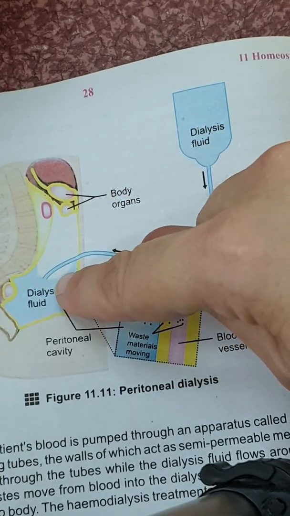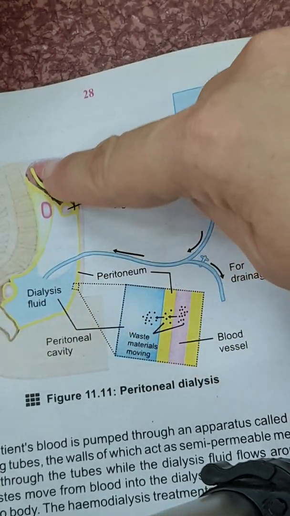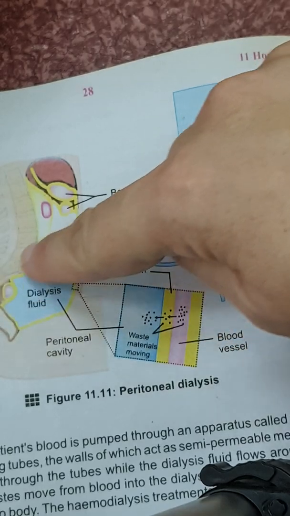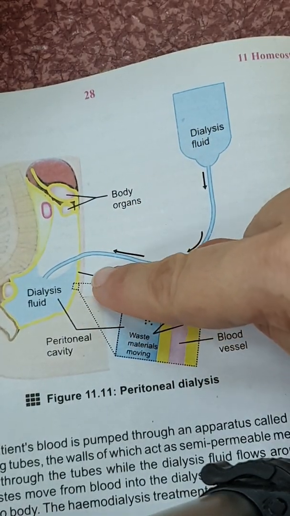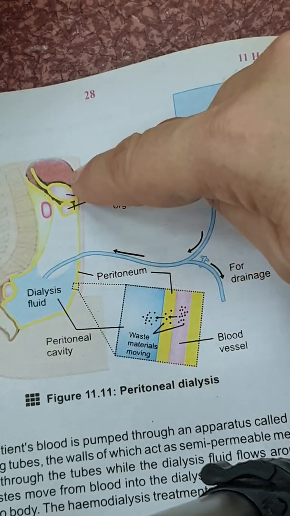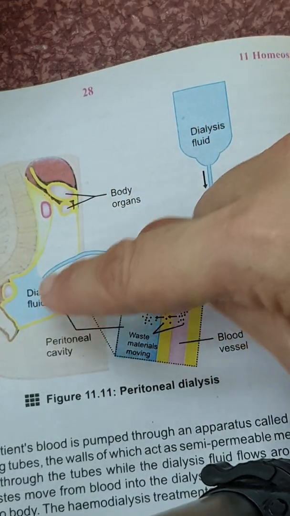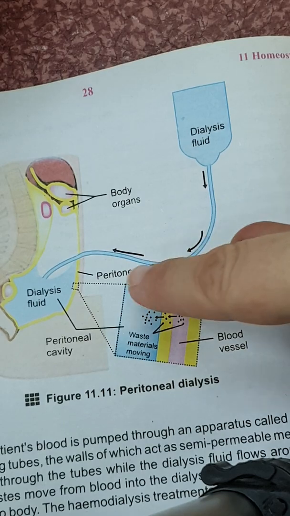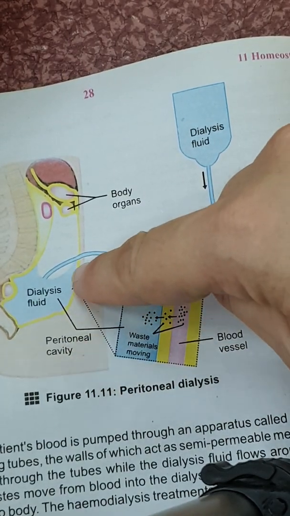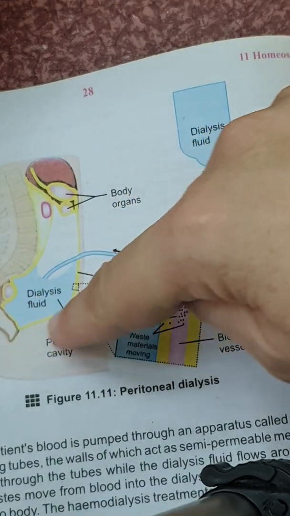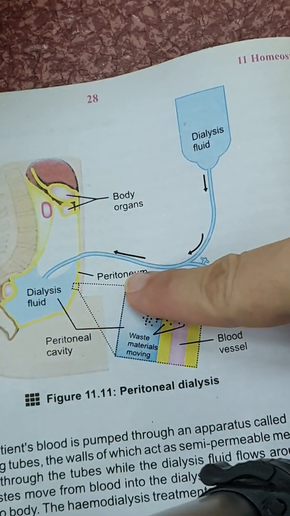This cavity is surrounded by a special membrane, which is known as the peritoneum. This is the peritoneal cavity, and the membrane which surrounds the peritoneal cavity is known as the peritoneum.